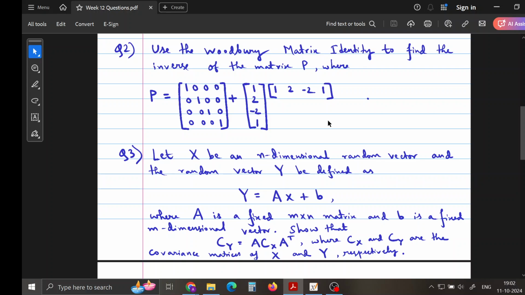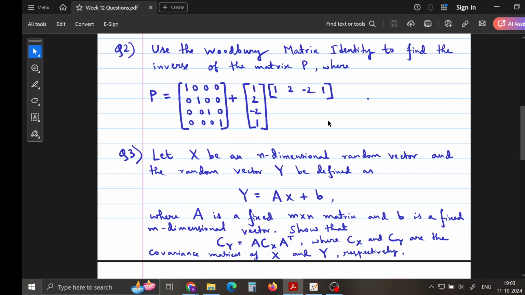Okay, so it's an n by 1 vector of random variables, let's say x1, x2 all the way till xn, and there is another random vector Y, which is expressed as Ax plus b, where this A is a fixed m by n matrix and this b is a fixed m dimensional vector.